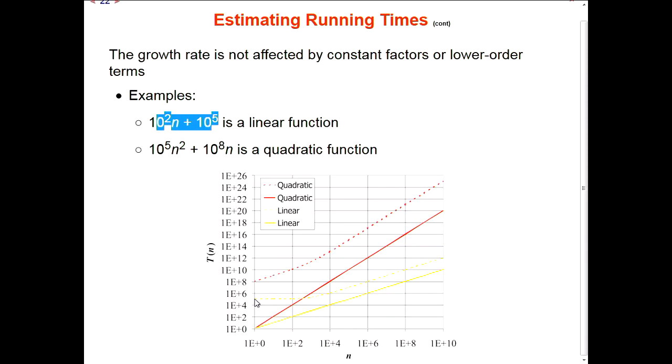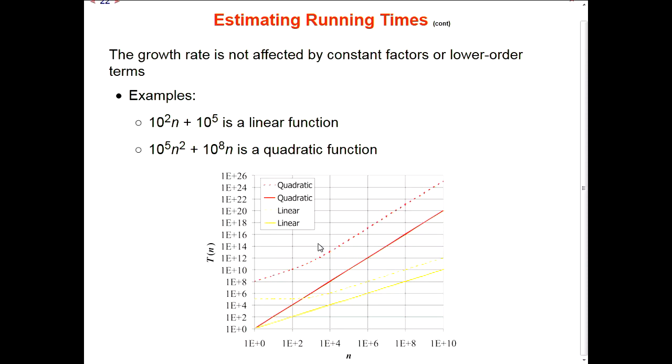This is why for very low input you already have 10 to the power of 5 as part of the runtime, and we have that constant factor 10 to the power of 2. But you can see that although at the beginning the difference is fairly drastic, towards the end, when you look at further increasing the input size, the growth rate is actually exactly the same in both yellow lines.